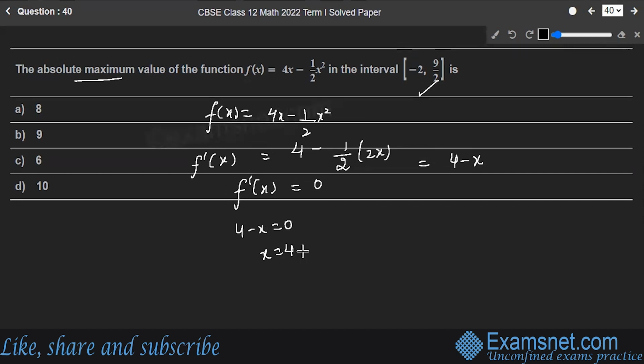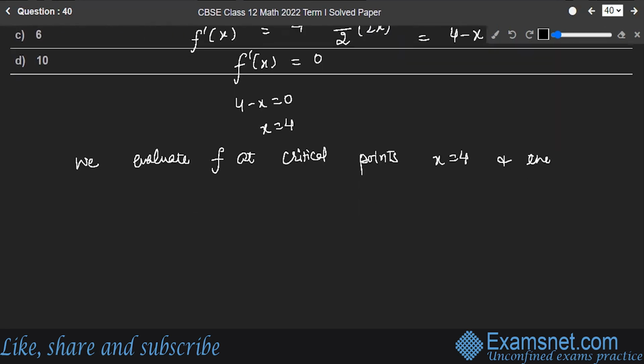Then we evaluate f at the critical points, at x is equal to 4, and at the end points of the interval, which is minus 2 to 9 by 2.